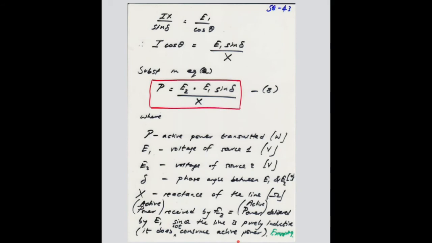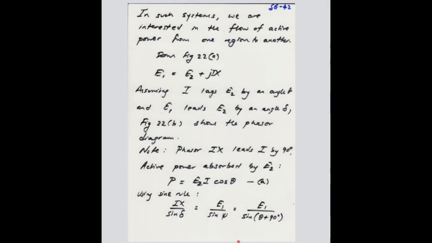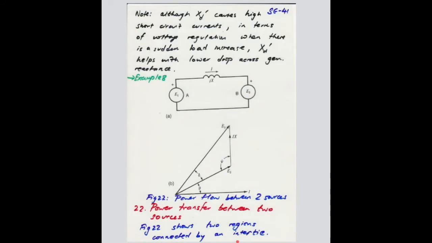If you look at this figure here, this is delta, right? And this is phi. So E1 is subtended by this angle phi, and sine of delta is subtended by this part.